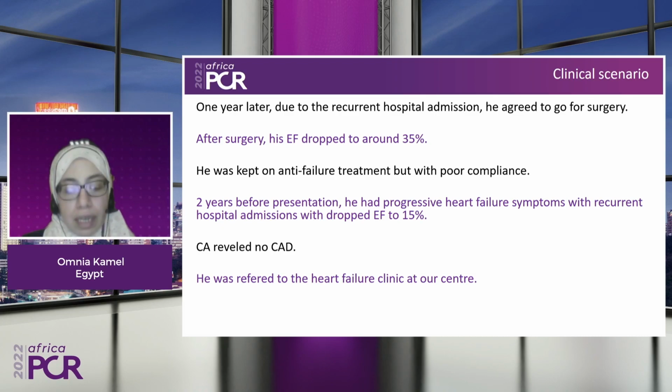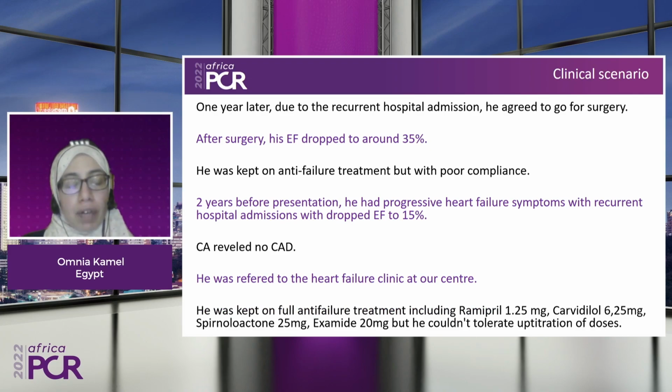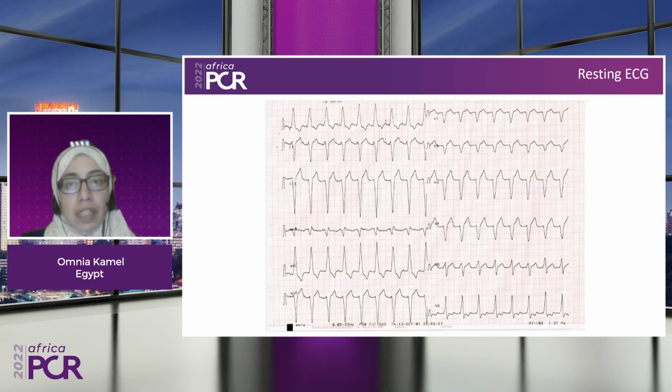The patient presented to the heart failure clinic and had a functional assessment and a new echo, which confirmed the severely impaired ejection fraction, around 15%, and he was kept on anti-failure treatment: ramipril 1.25 milligram per day, carvedilol 6.25 milligram per day, spironolactone, and furosemide, but unfortunately he couldn't tolerate any up-titration of doses. This was his ECG on presentation, revealing left bundle branch block with first-degree heart block. And thank you very much.